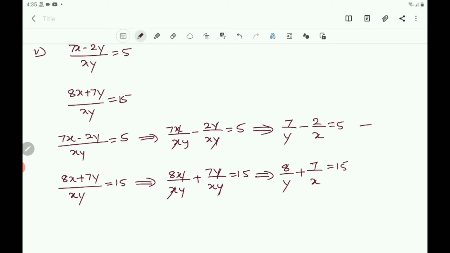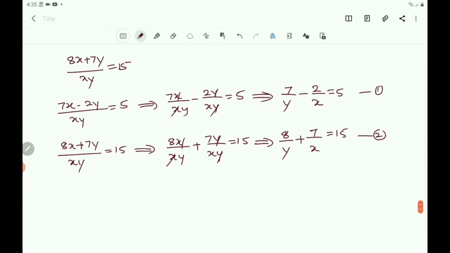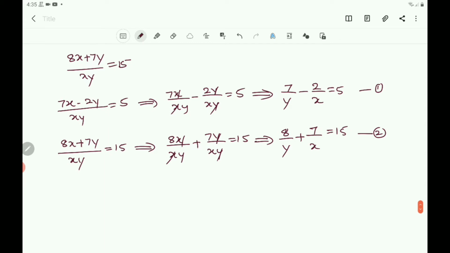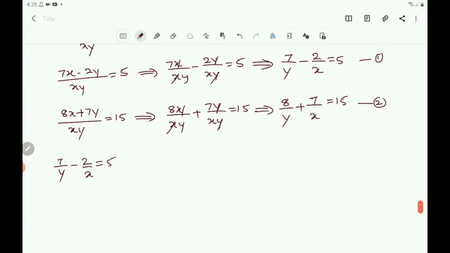Consider this as equation 1 and this as equation 2. So you take 7 by y minus 2 by x equals 5, and the next one is 8 by y plus 7 by x equals 15.